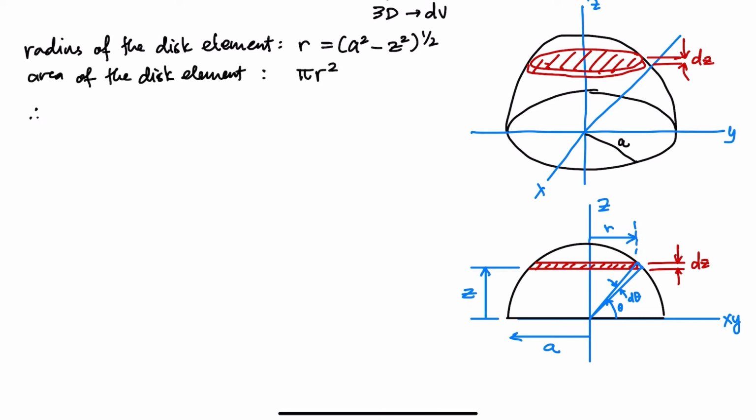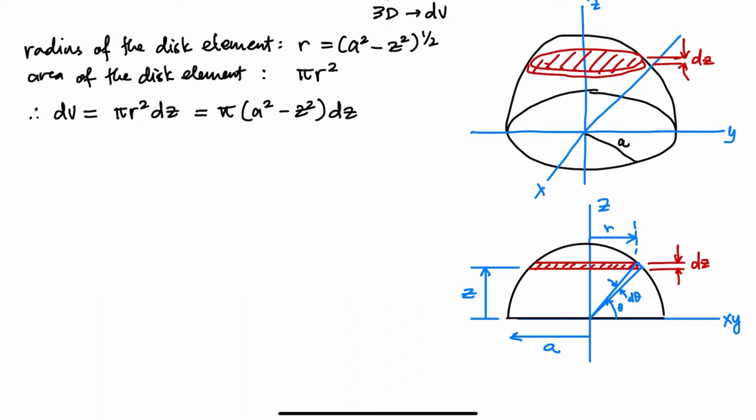Therefore, the volume element of this disk is equal to the area of the disk times the thickness of the disk. So this becomes pi r squared dz, or pi times a squared minus z squared dz. You will notice here that your volume element is now in terms of z, so that when we integrate later, this becomes a one-component integration.